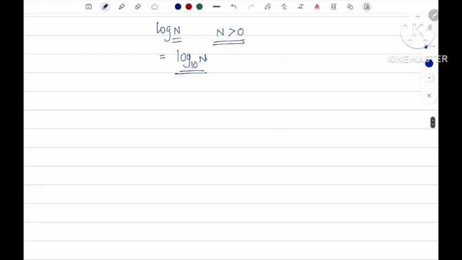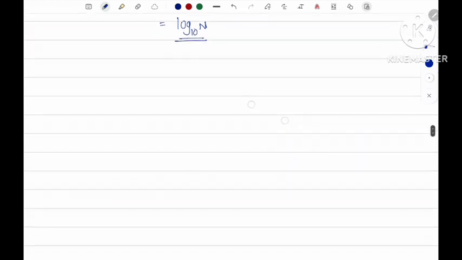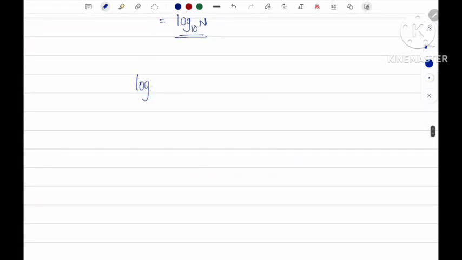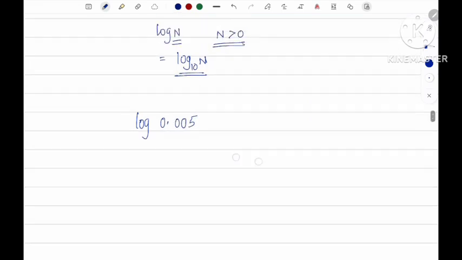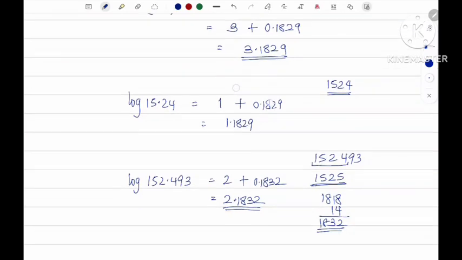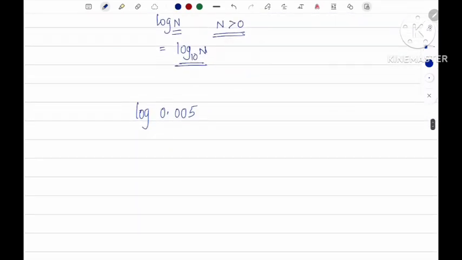So we have seen log of number greater than 1. Let us see log of number less than 1. Let us see log of 0.001524.